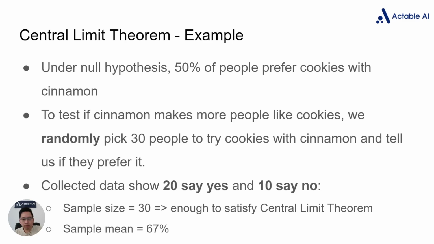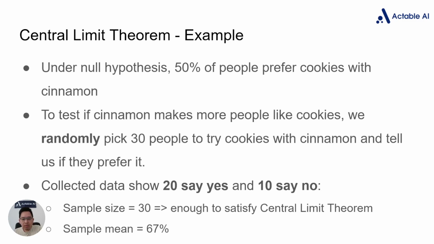We survey these people and see what the collected data is. For example, if the collected data show that 20 people say yes and 10 people say no, then we have a sample size of 30, which is enough to satisfy the central limit theorem.